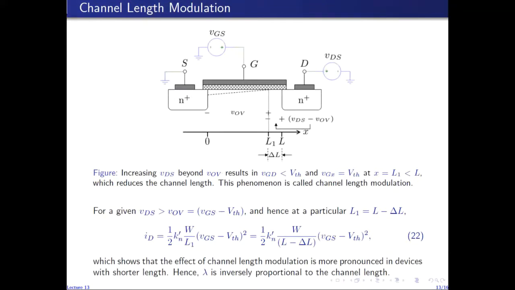So reducing the length of the channel increases lambda, because reducing the length of the channel increases the effect of channel length modulation, as can be seen from this equation here.